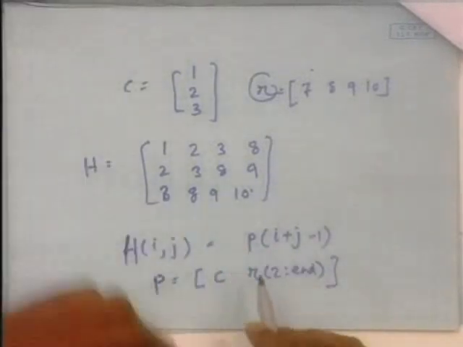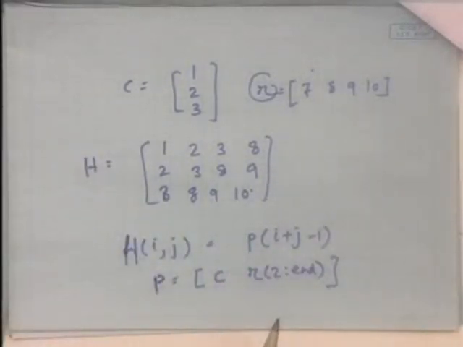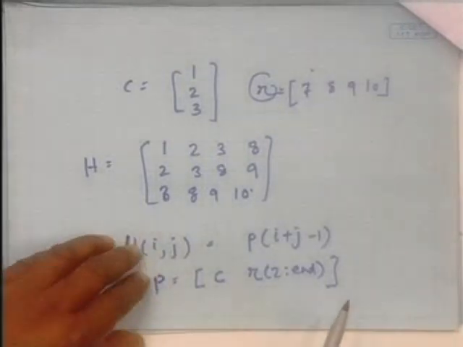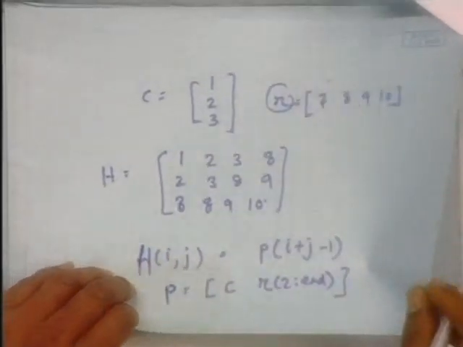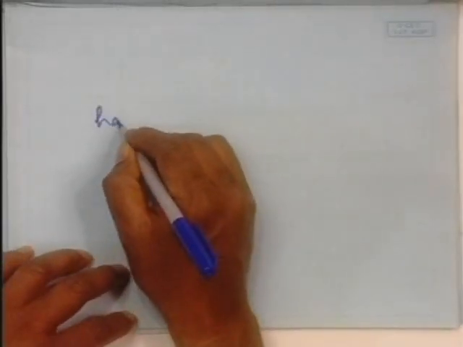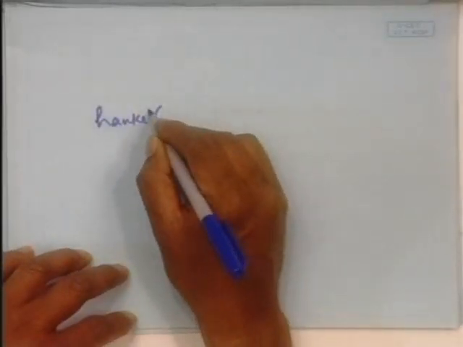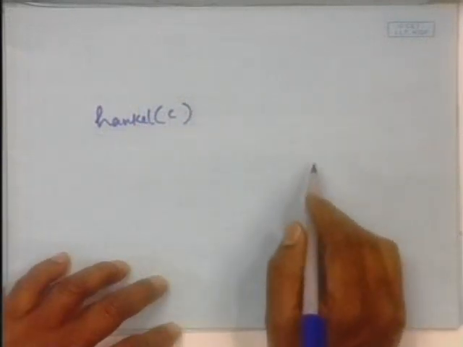So, the Hankel matrix appears in many signal processing applications and approximation cases, where you generate a Hankel matrix. And if you write hankel(C), it will give you a symmetric matrix.